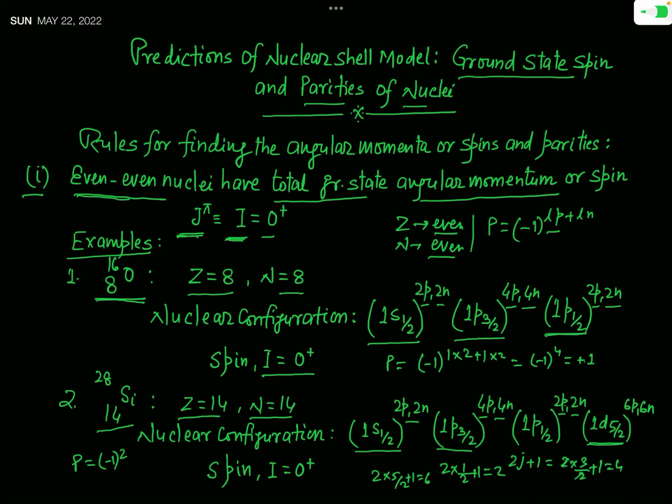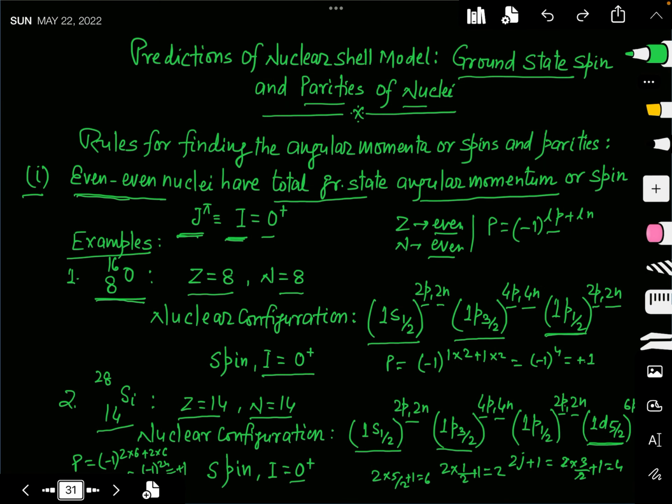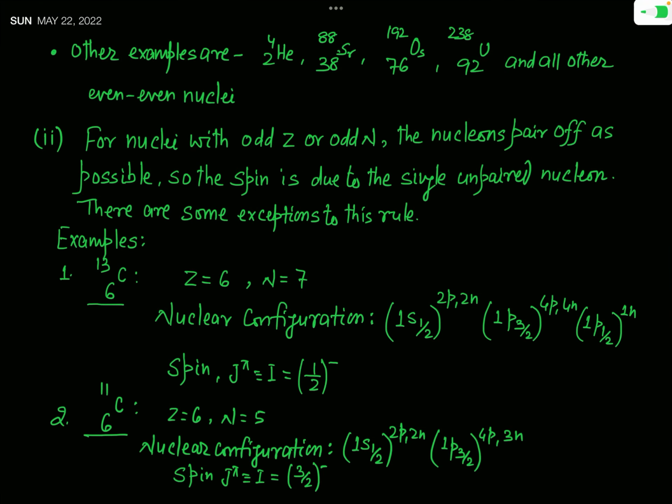So 2 into 6 plus 2 into 6. So this will be (-1) raised to the power 24, and that will be equal to +1. So its parity is even or positive. So the spin of this nucleus will be 0+. The plus again represents the parity of the nucleus.